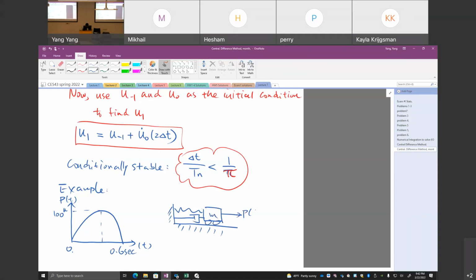We have the stiffness K, the damping ratio equal to 10%, and omega n, that's 6.283.